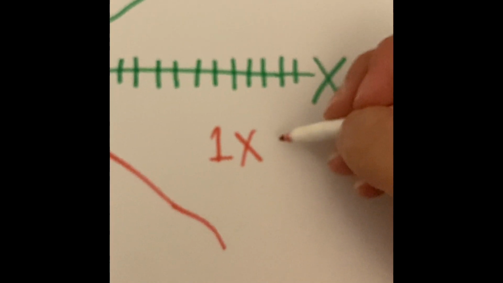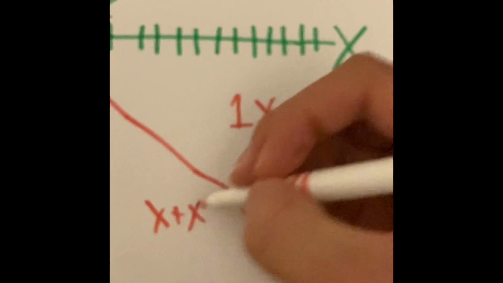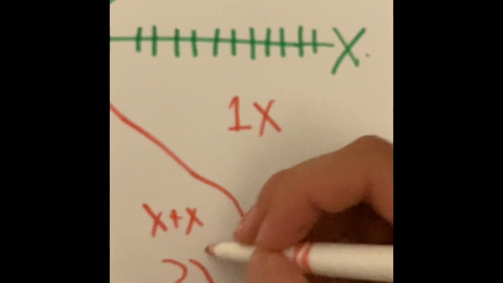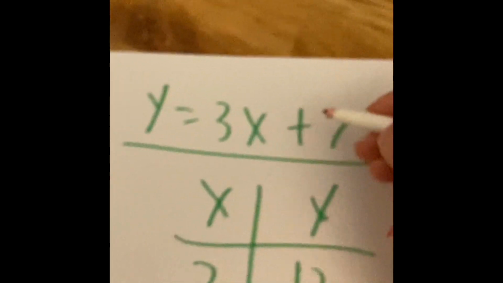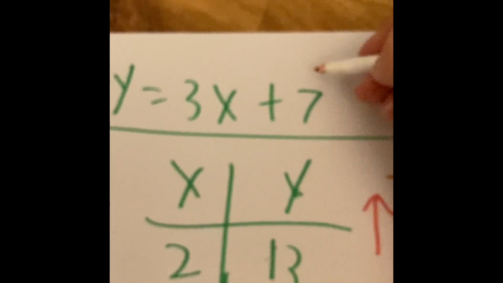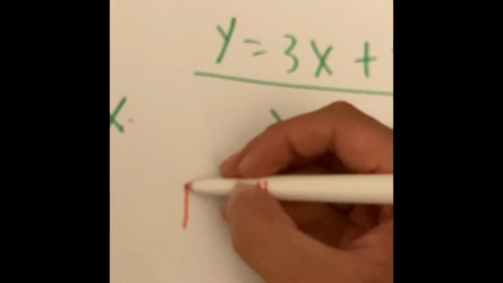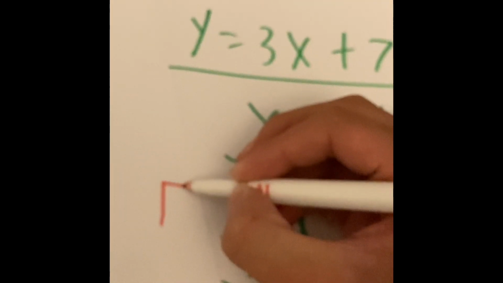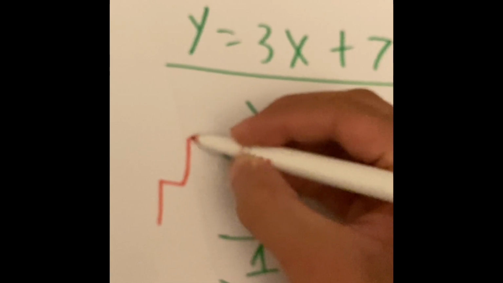If you have x plus x, that is going to be interpreted as 2x. So when you're measuring the slope, you're doing rise divided by run. So it's saying rise up 3, run by 1.